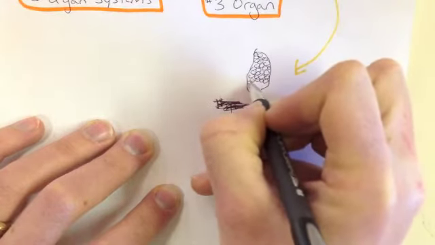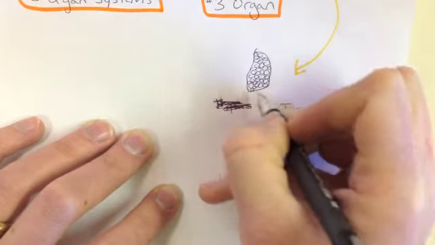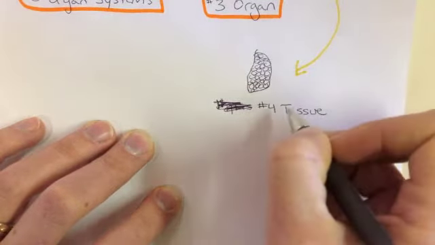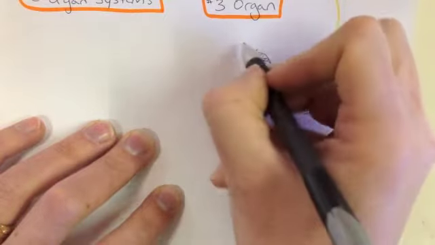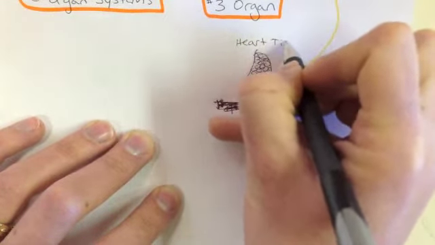Each one has a nucleus and mitochondria and a cell membrane, all sorts of good things in it. So our example is heart tissue.